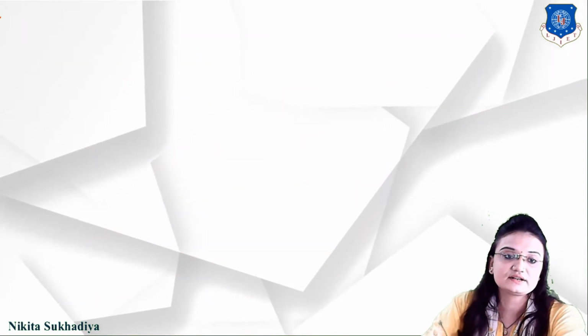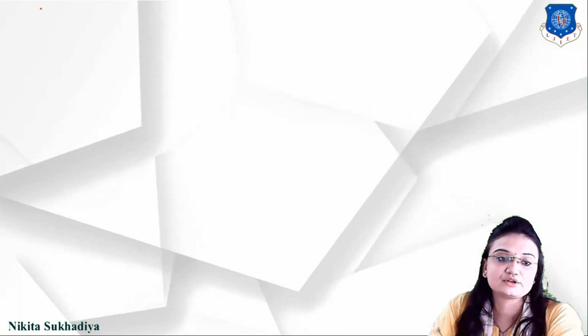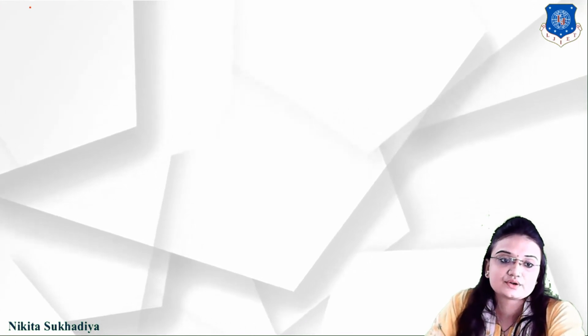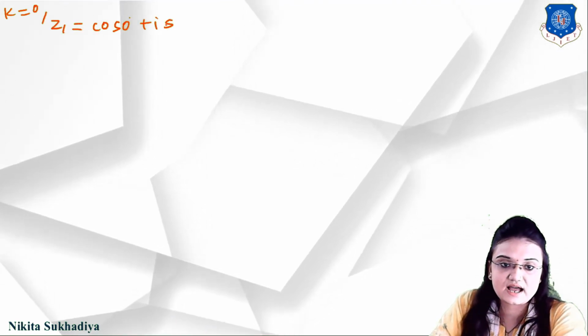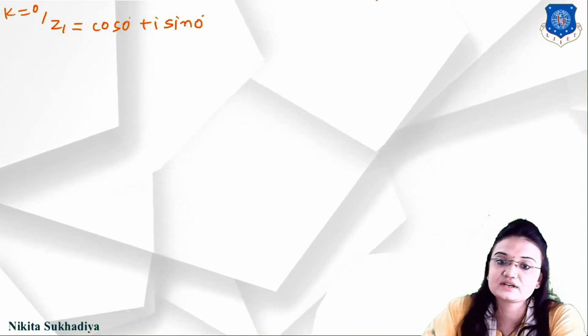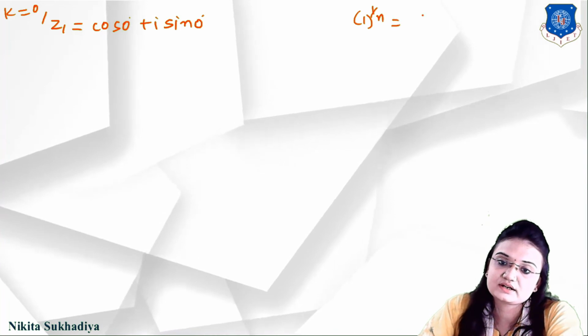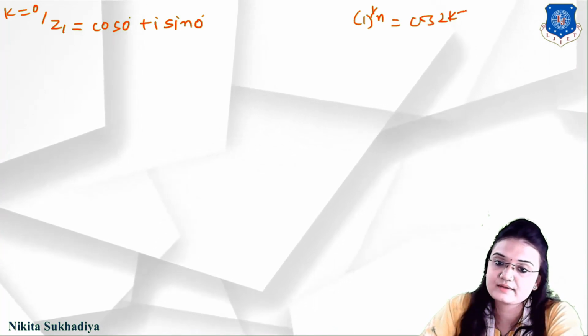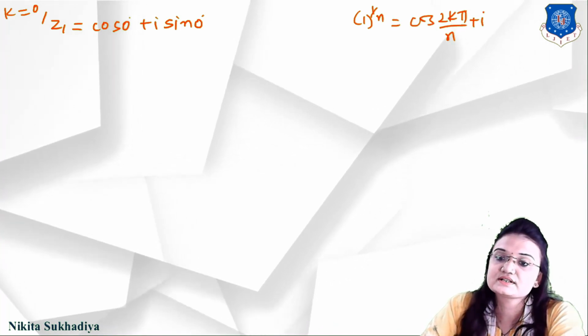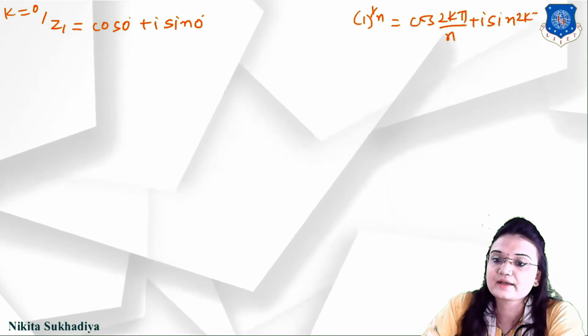So let's start by putting k equal to 0. We will get z1 that will become cos 0 plus i sin 0, because here we have 1 raised to 1 upon n, that is cos 2kπ/n plus i sin 2kπ/n.